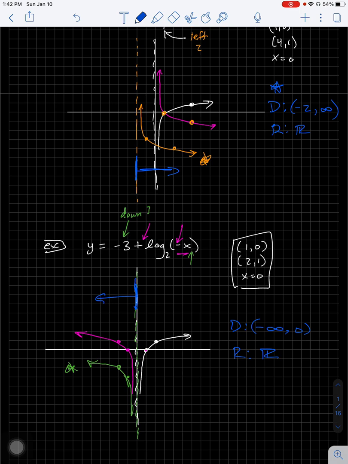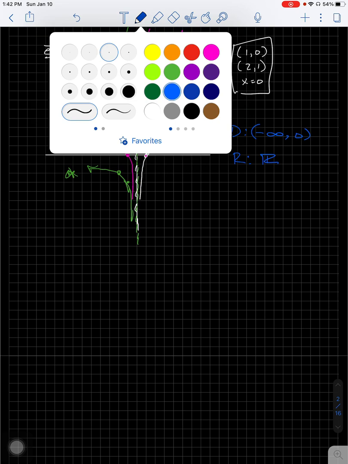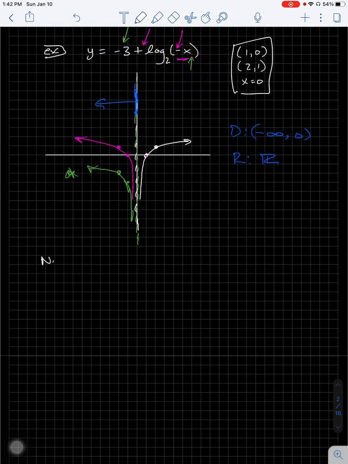Good. Now let's talk about some other unique things about logarithms. First of all, shorthand notation. If I write a log without a base, that is shorthand for log base 10 of x.